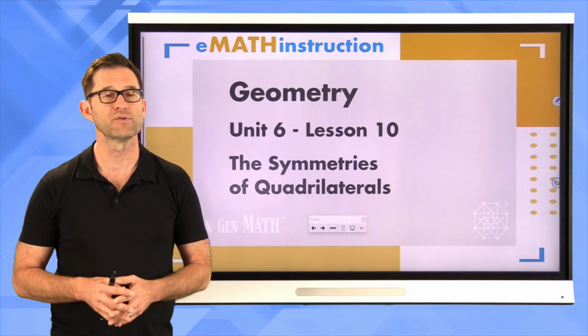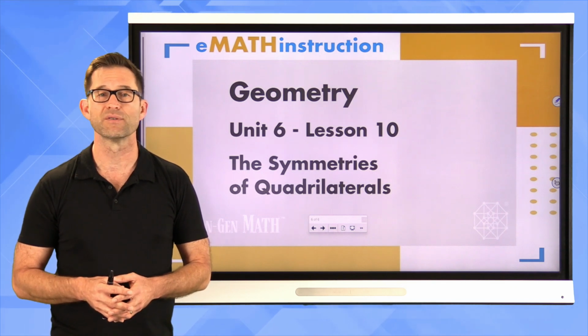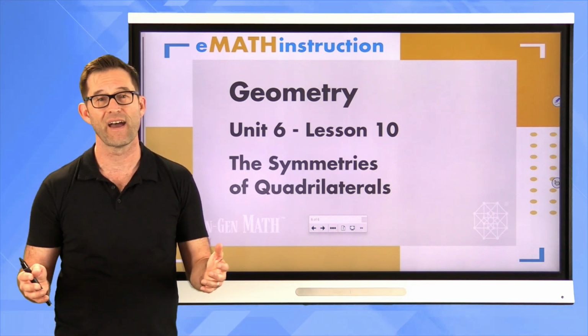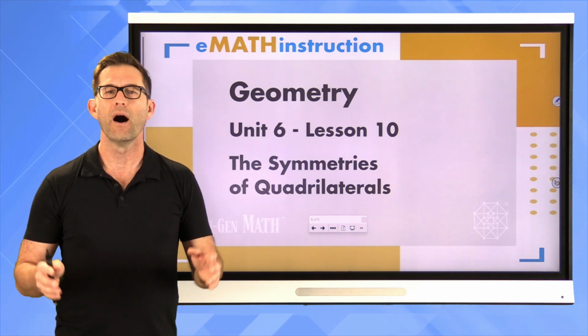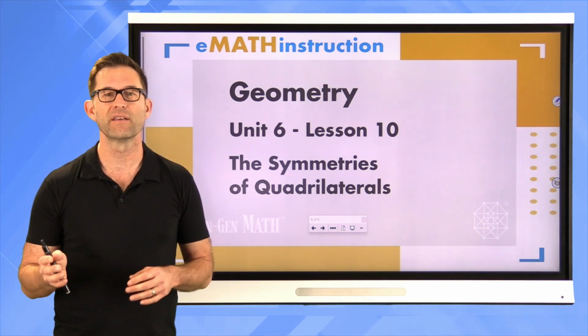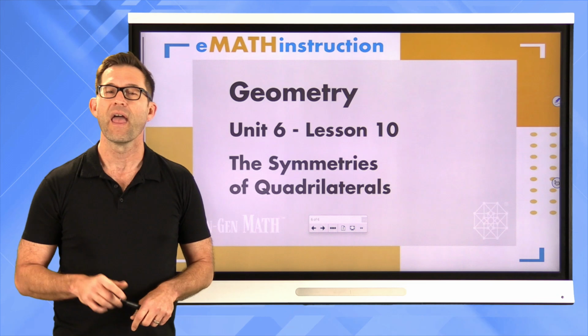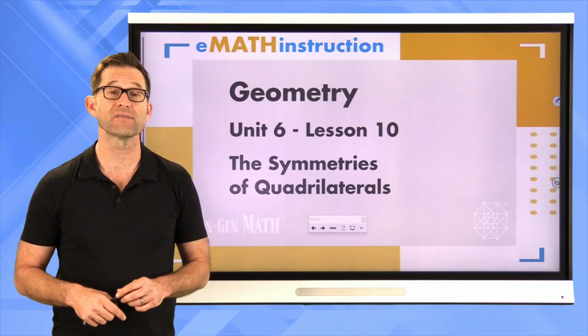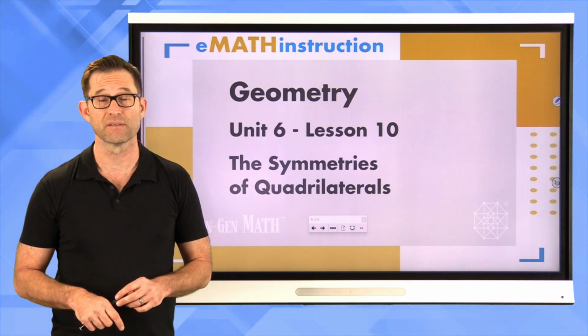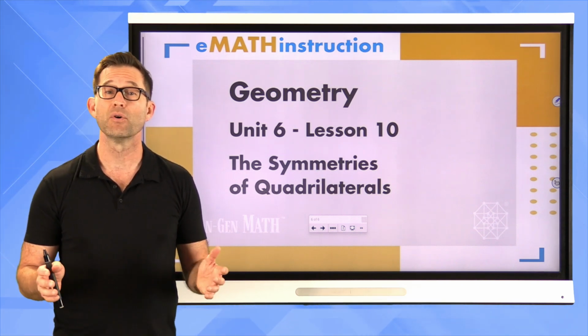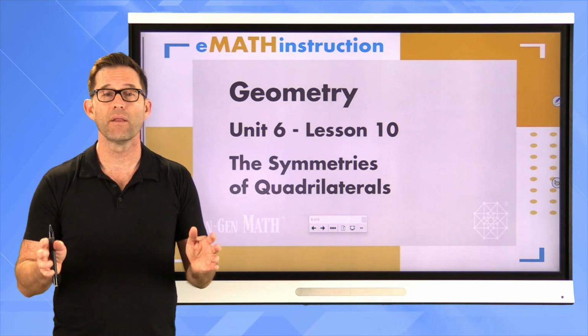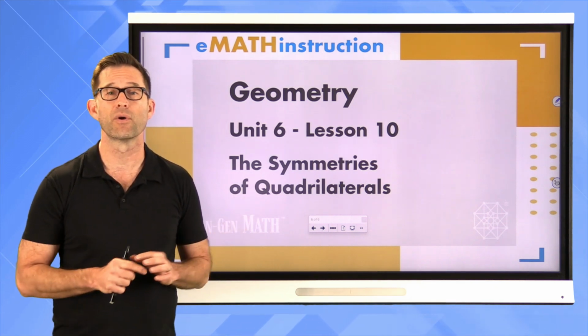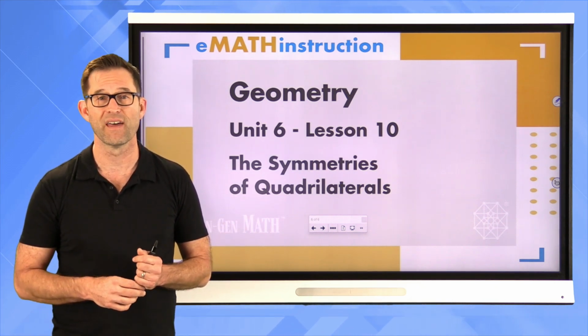For parallelograms, just that 180 degree rotational symmetry about the intersection point of its diagonals. Whew, that's wordy. For a rhombus, it's that reflective symmetry across its diagonals. And for rectangles, it's that reflective symmetry across the lines that pass through the midpoints of its opposite sides. The square, being the most complicated of them all, gets all of those symmetries along with that 90 degree rotational symmetry that we saw at the end.